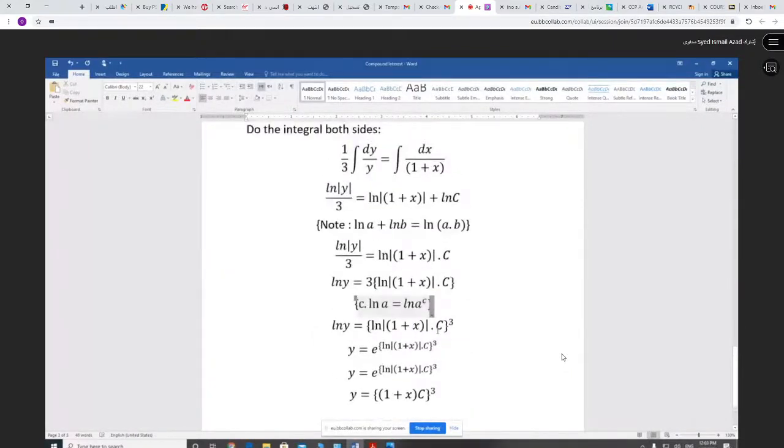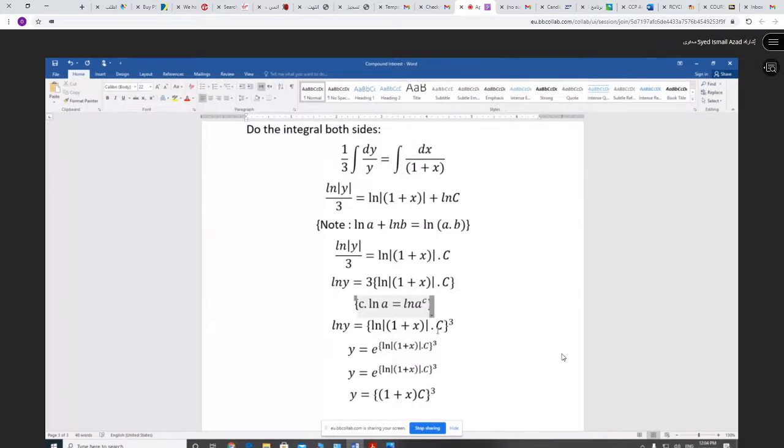Excuse me, doctor. Yes. Isn't the C supposed to be K? No, no, no. This is a different question. This is nothing to do with the compound interest.